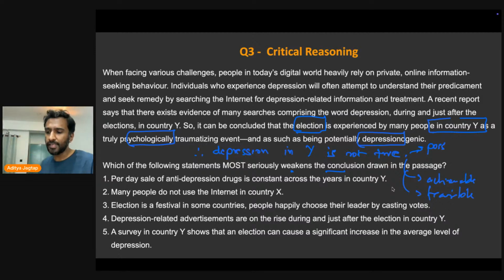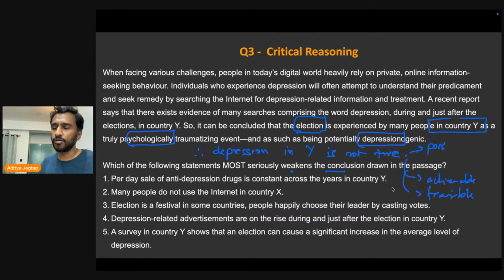And now, I'll give you a random option, but even if this option is not provided among the five options you have, this random option could also be considered a valid weakening option. Let's say I give you something like a research tells that genetically the people in country Y do not have any predisposition for depression, right?